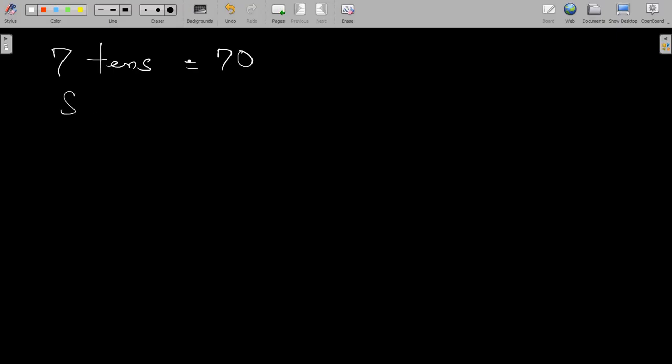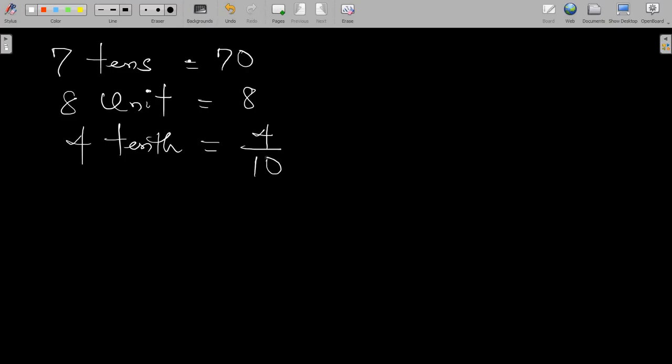The 8, we call it 8 units. So it means 8 times 1. Unit means 1. So 8 times 1 is 8. Okay, so let's go to the next value, which is 4. So it is 4 tenths. So it means 4 divided by 10.